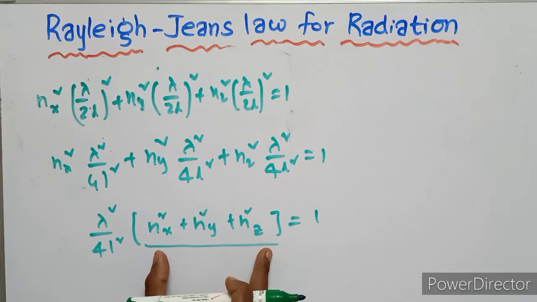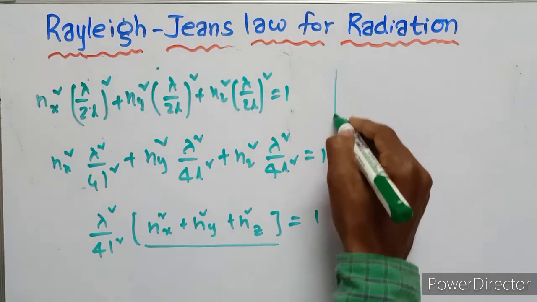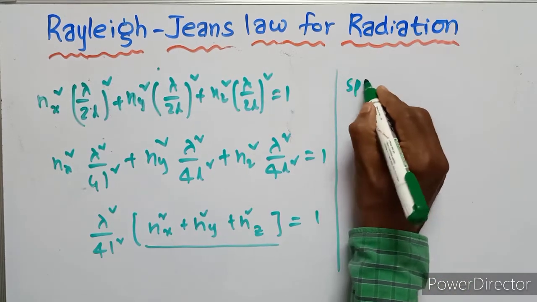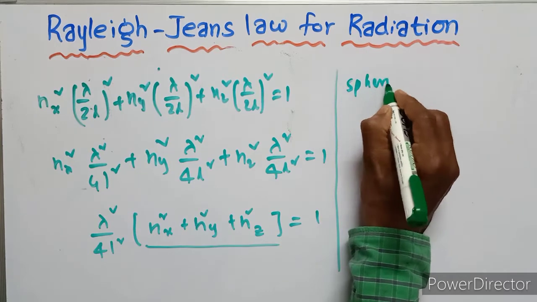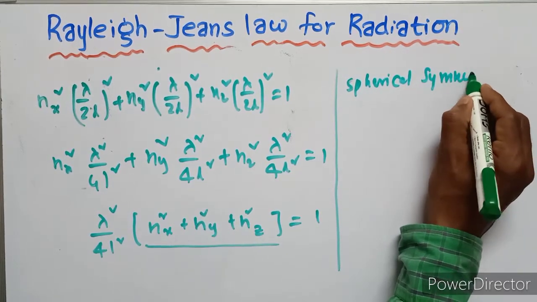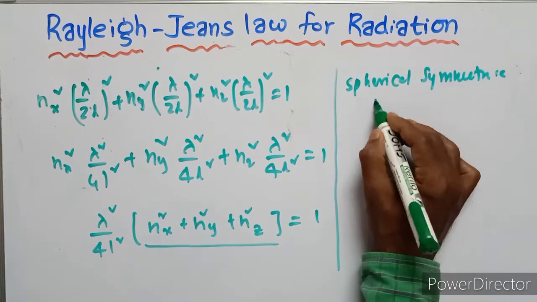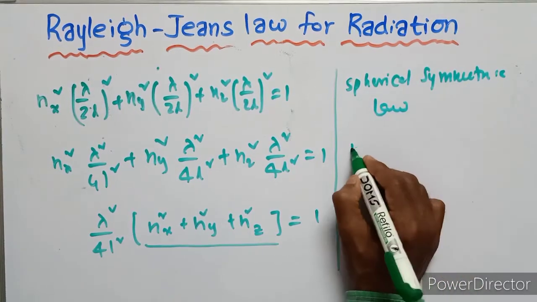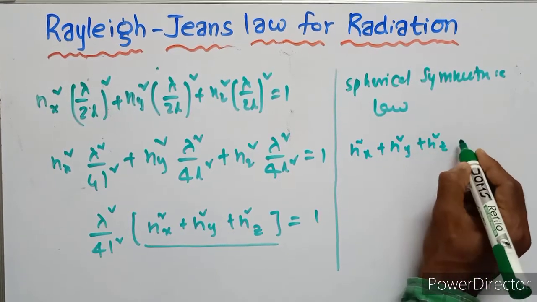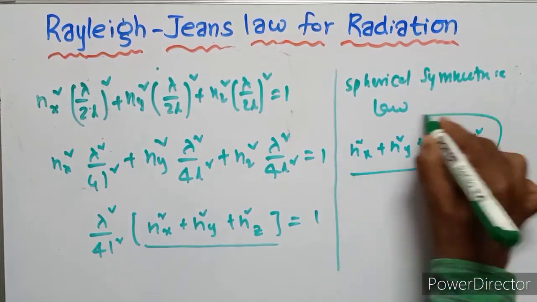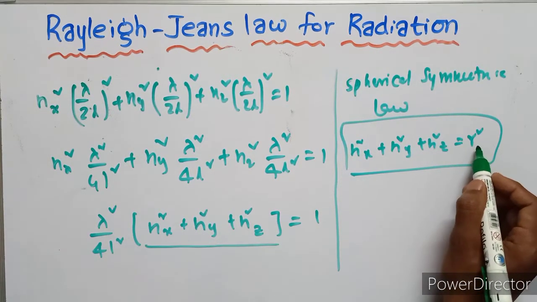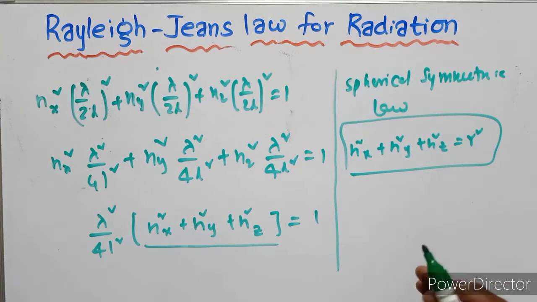This value equals the radius squared, because of the spherical symmetric law: nx² + ny² + nz² = r². This is the square of the radius of the spherical enclosure.